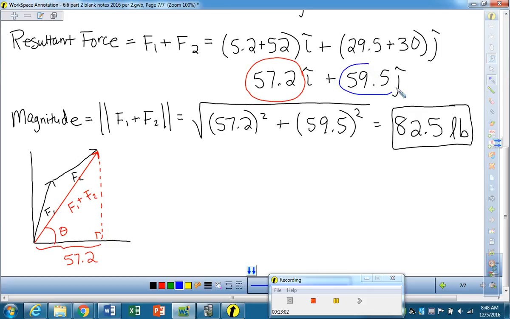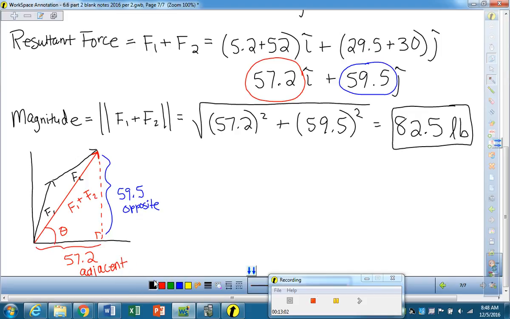Over here, this is our B value, so that's going to give us the height, 59.5. So if we think about this right triangle, we have the opposite side and we have the adjacent side.